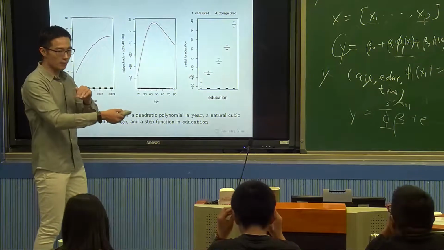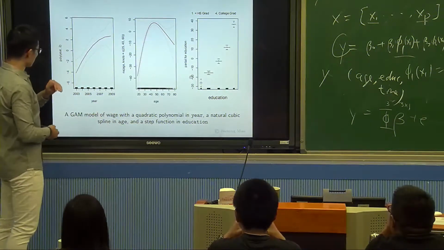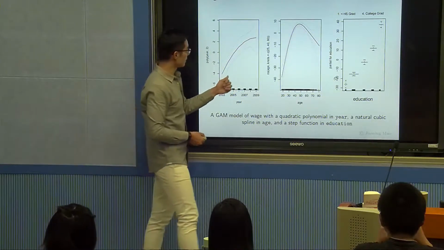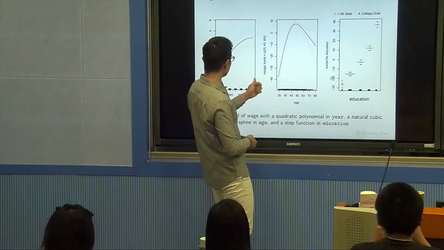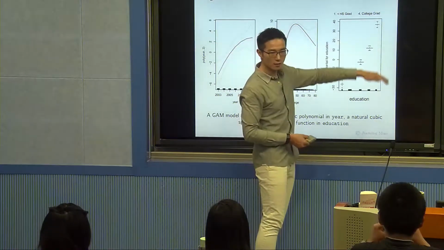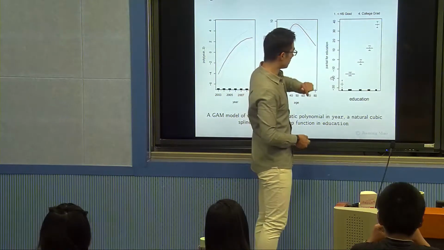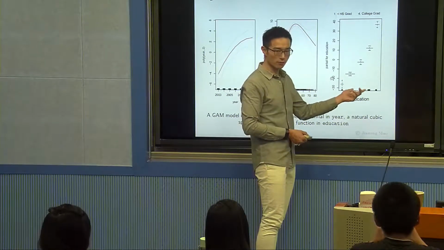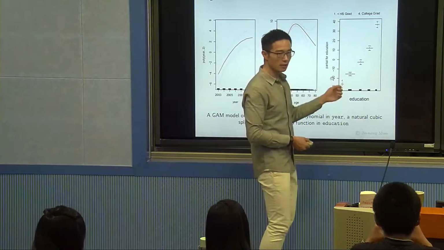What I can do is fit a different function on each x and additively combine them. I'm going to fit a polynomial model for time, for year. I'm going to fit a natural spline for age. And I'm just going to fit a discrete dummy variable regression, a fixed effect, for education. So for each education level, I have a different constant.